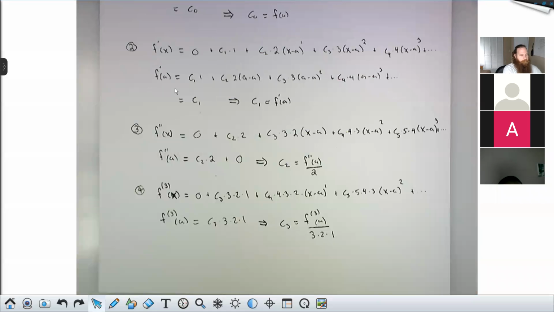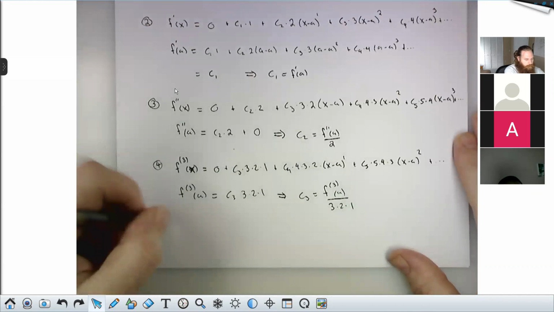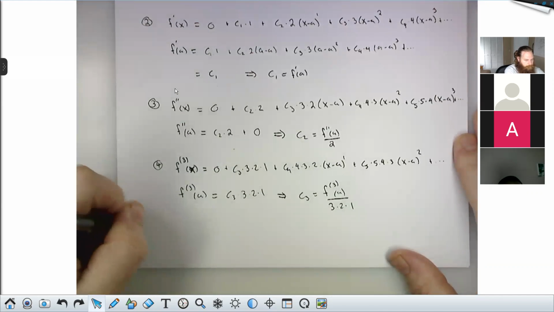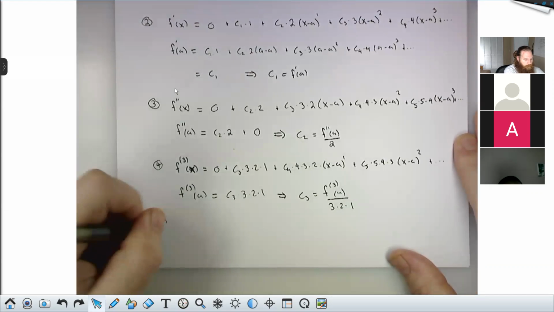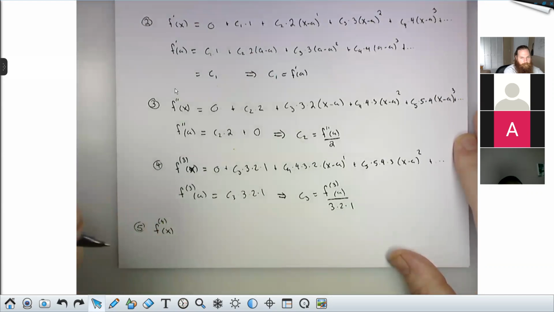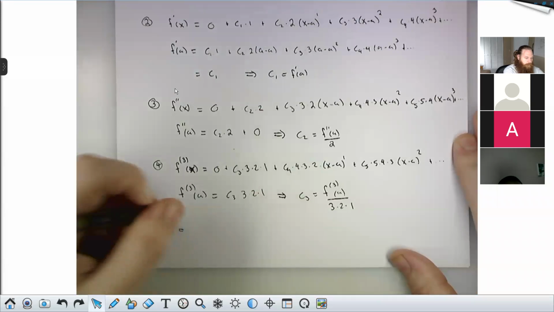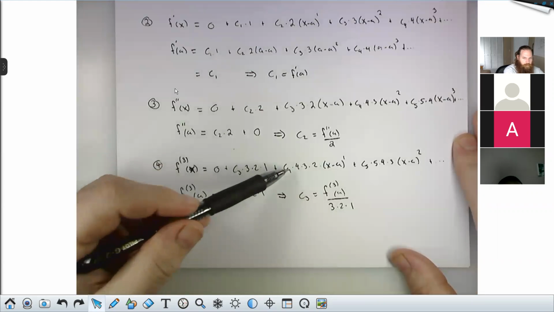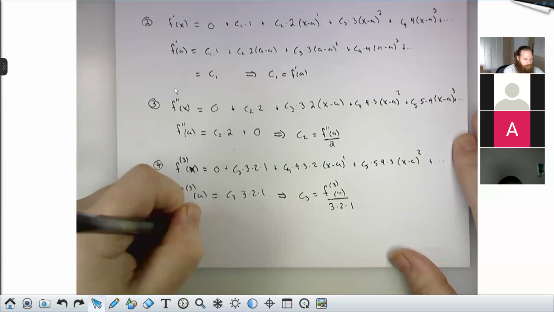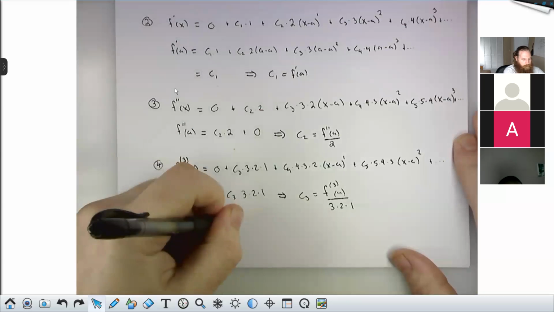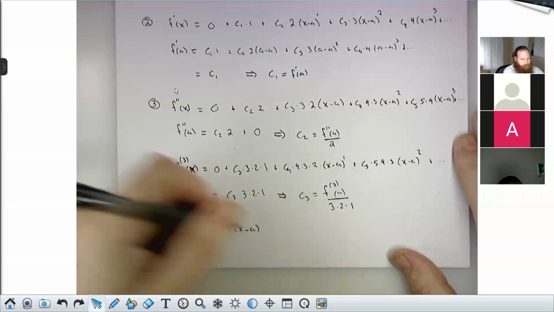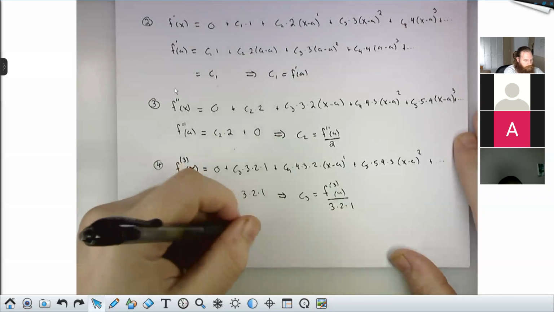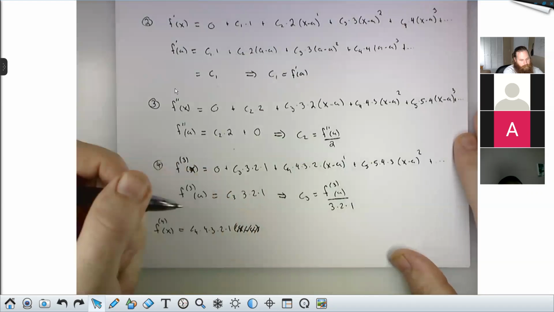We'll do one more. To go after the next guy, the fourth derivative of f. This will differentiate to 0 because it's a constant. This piece will differentiate to c4 times 4 times 3 times 2 times 1 times (x minus a) to the 0, so this piece will go away.